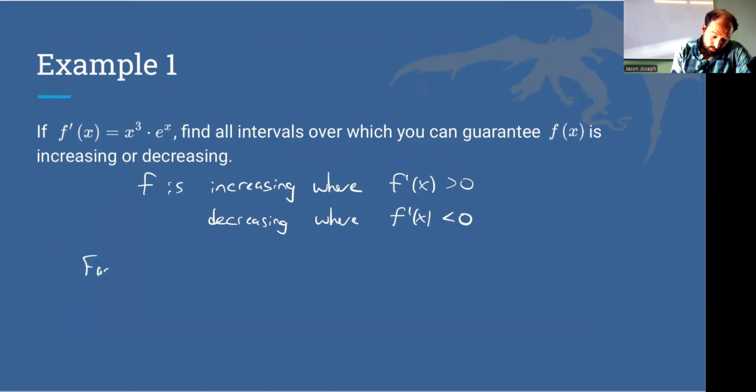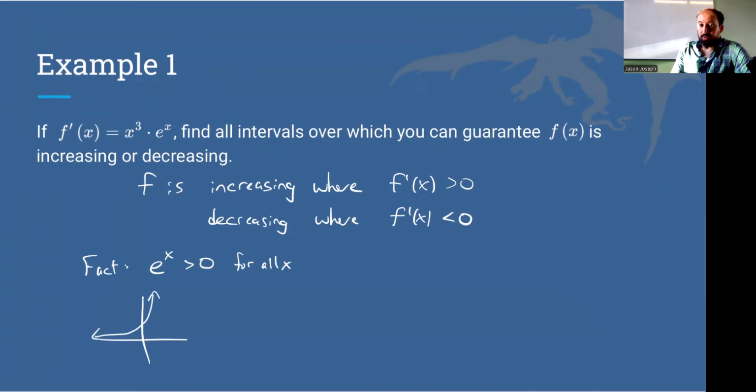Now, a useful fact is that e to the x is always positive. You might remember the graph looks like this. It never actually reaches zero, right? So if we're trying to see where this is positive, we really just need to see where x cubed is positive.